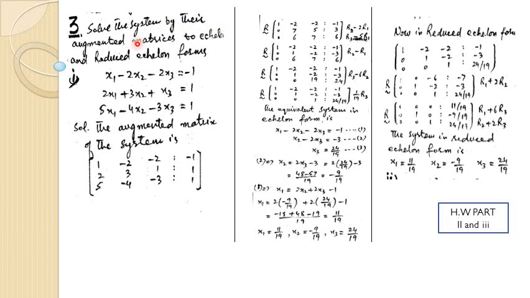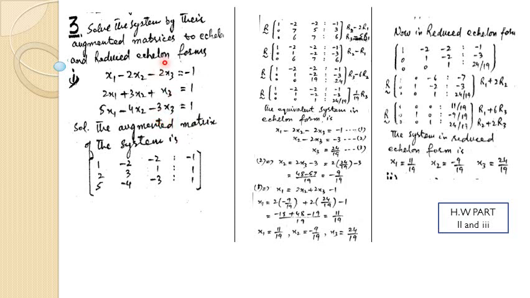Now you can easily understand how we will do question 3, because by this question you will be able to understand what the reduced echelon form is. Although we have discussed this operation in exercise 3.4, I'm repeating because it was difficult.